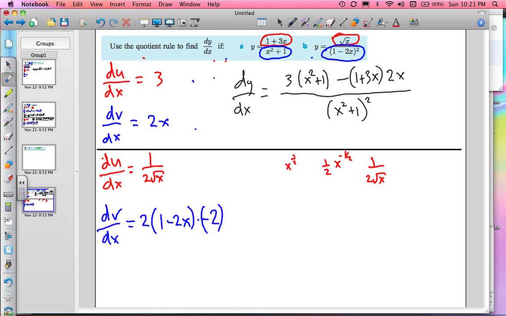Now we put it together in the quotient rule. Take the derivative of the first function, which was 1 over 2 root x, times the denominator function, which was 1 minus 2x squared, minus the original numerator function, square root x, times the derivative of the denominator function, which in this case was 2 times 1 minus 2x times negative 2.